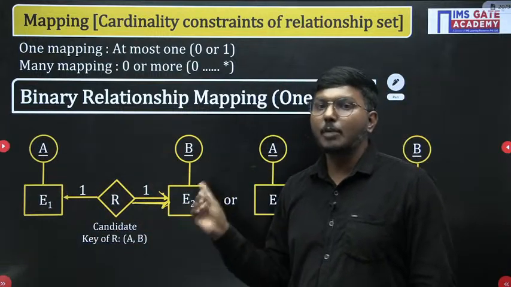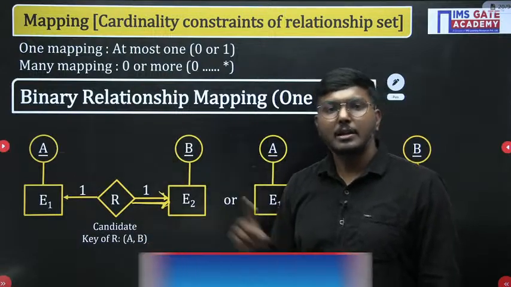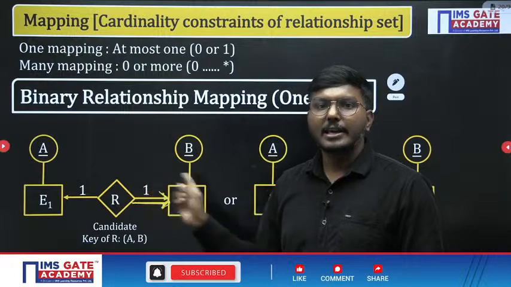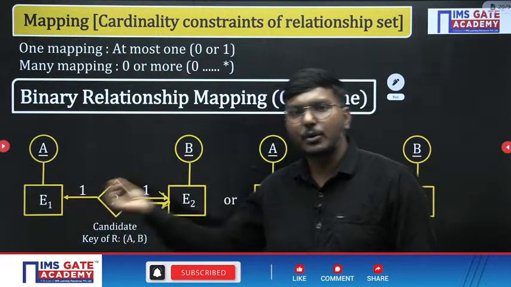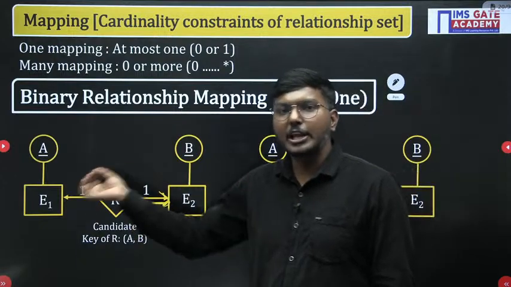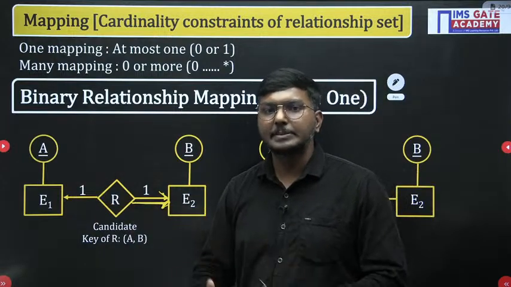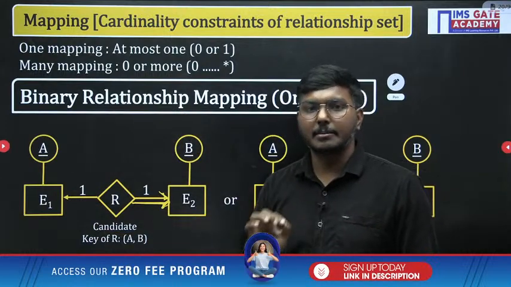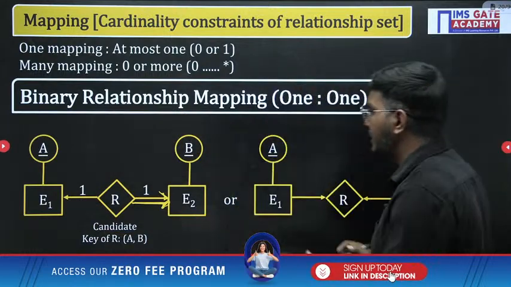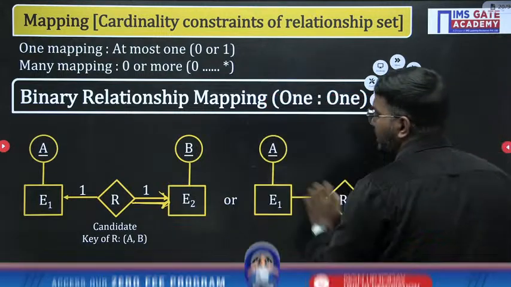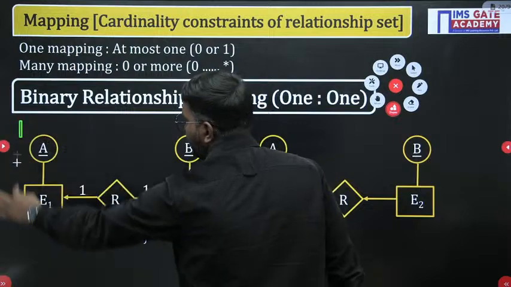But it was not possible to merge into a single table when both sides have partial participation. But now if any one side, either E1 or E2, has a full participation, total participation, then it is possible to merge them into a single table. Understood? So the relationship set along with the entity sets will be merged into a single table.